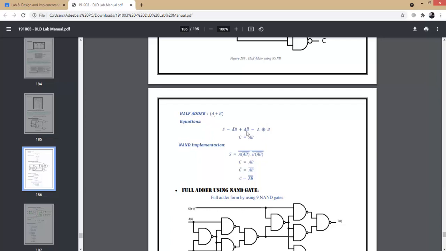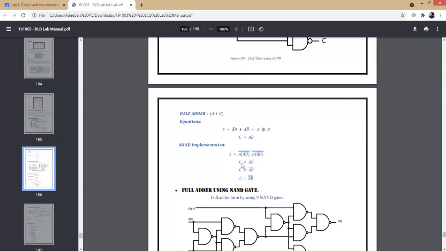This is the equation we will get, which basically is A XOR B. The carry is equal to AB, and the NAND implementation is just converting these equations back into their NAND form. When double complement of this equation is taken, this equation becomes the NAND form, and same goes with this carry equation.